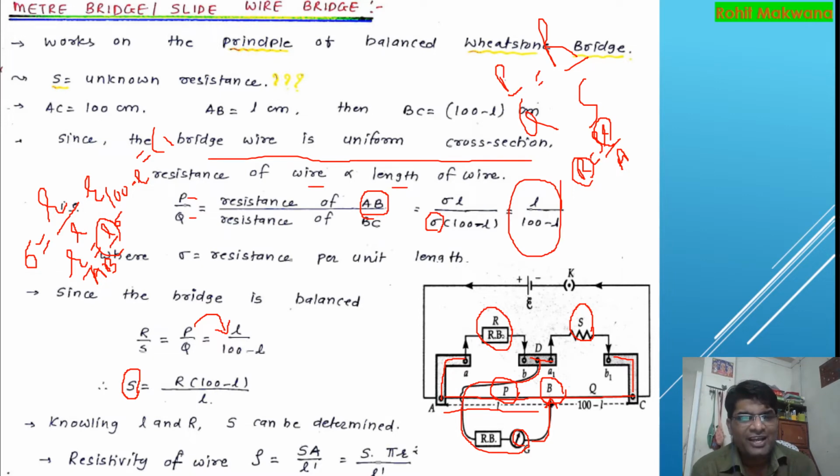So if you know L and R, you can easily find the unknown resistance S.